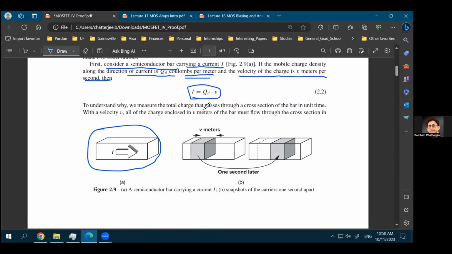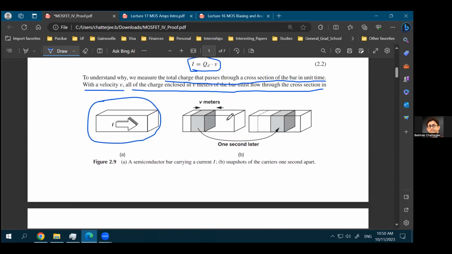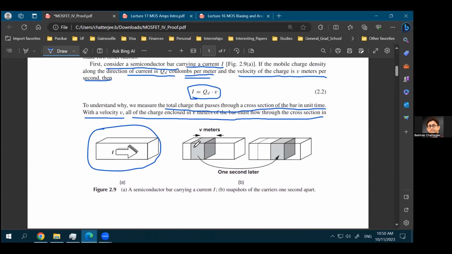You can also understand it in this way: the total charge that passes through the cross section of the bar in unit time. With a velocity of V, all of that charge enclosed in the V meters of that bar must flow through that cross section in unit time, or 1 second. So if you have this bar and the velocity of the charges is V meters per second, all the charge that is enclosed within V meters of this bar.